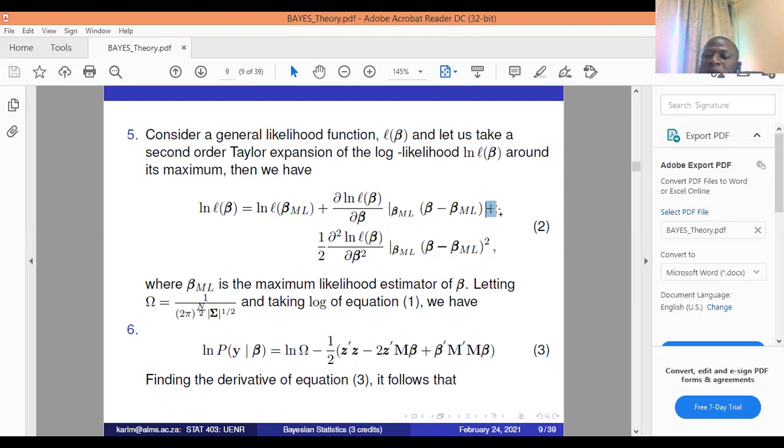This is supposed to be minus, not plus. Minus 1/2 times the second derivative with respect to the parameter, multiplied by beta minus the maximum likelihood parameter squared.